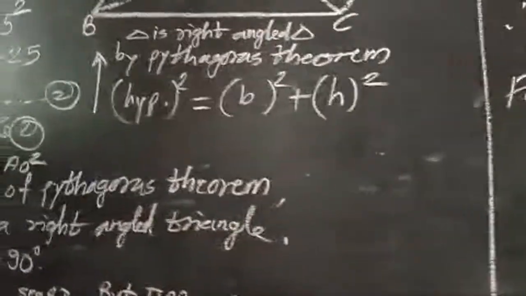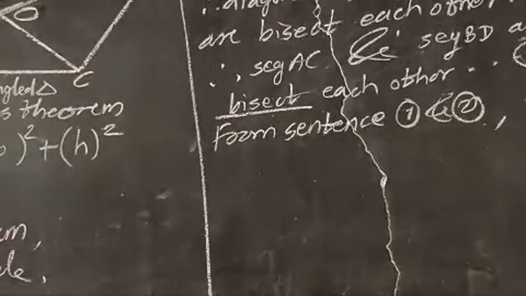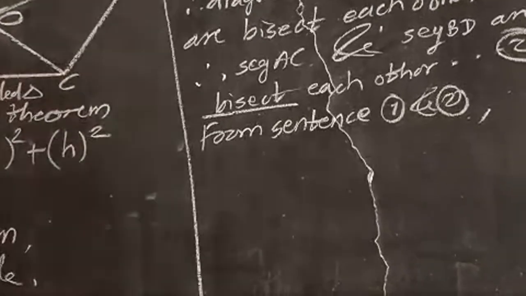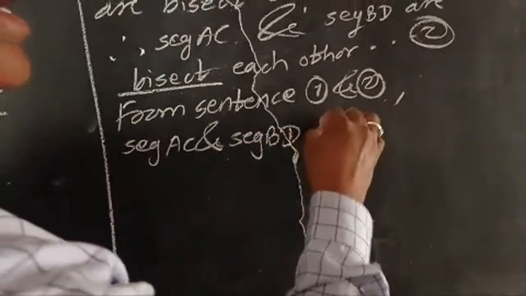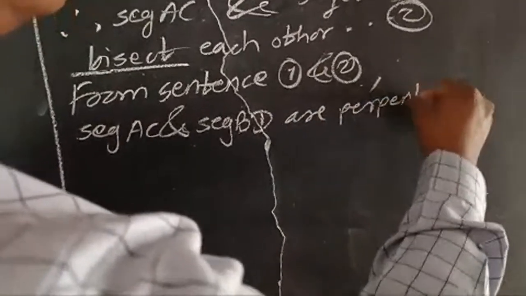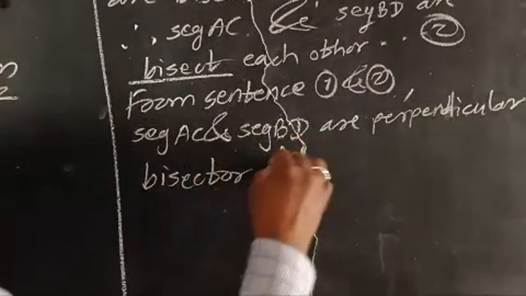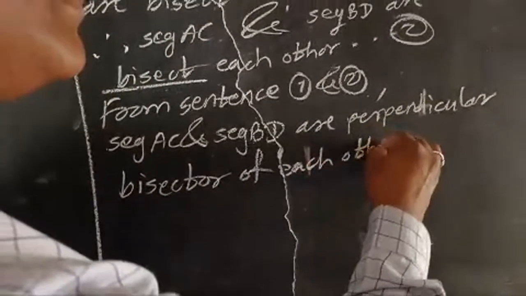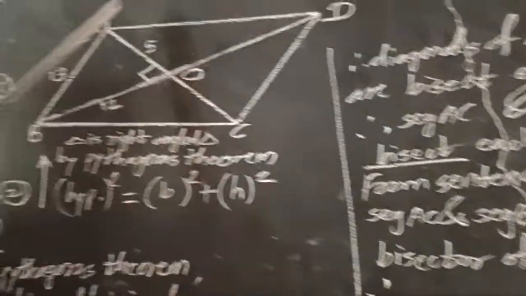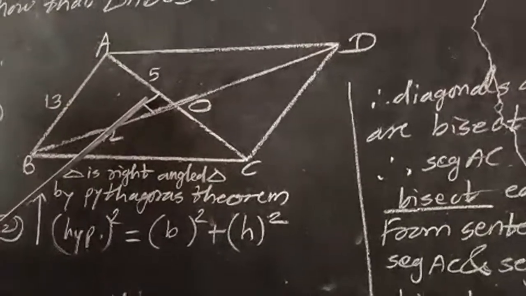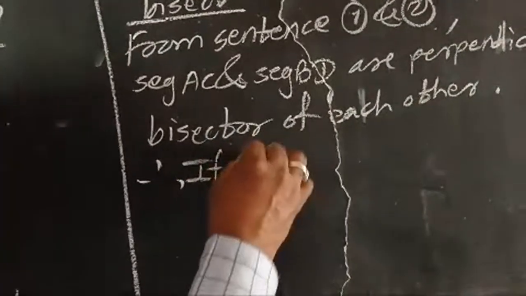Therefore, perpendicular and bisect, in one word, we get perpendicular bisector. Therefore, segment AC and segment BD are perpendicular bisectors of each other, and the diagonals of a parallelogram are perpendicular bisectors, then it is a rhombus.